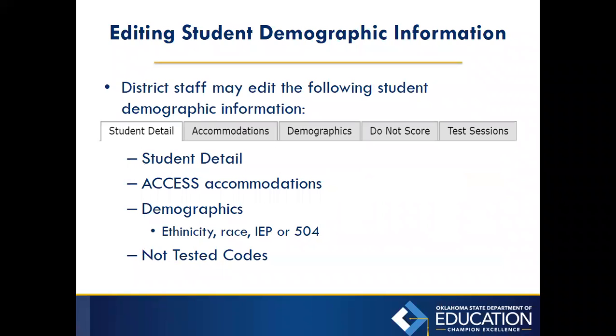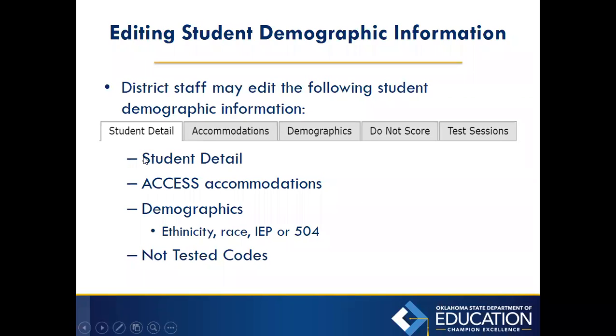Okay, so editing student demographic information. I know last year we had a lot of questions about this, and so I wanted to make sure that I address this this year. District staff may edit the following student demographic information. Last year you couldn't make a lot of changes, and it was just too much for a couple of us to try to make all the changes that districts had. So we're allowing districts to be able to change the student detail. This picture is how it looks in WIDA AMS for you.